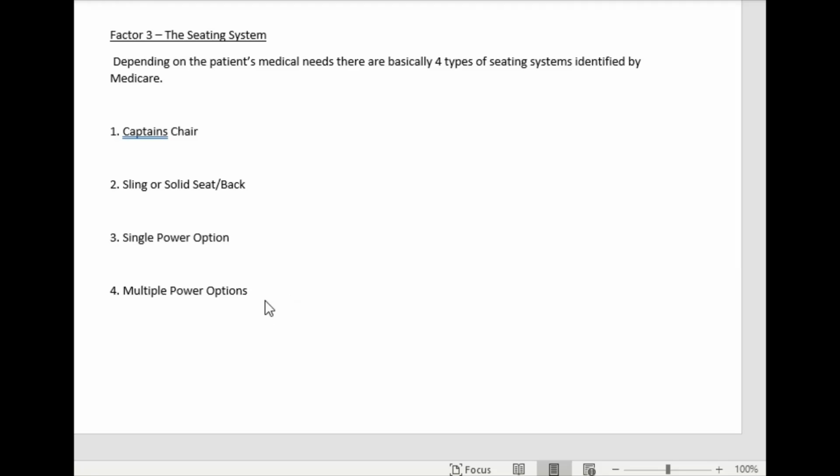Then multiple power options. Option number 4 here is where you have a combination of tilt and recline on the same seat. So even though tilt is one feature and recline is another feature, you can have both features on the same chair. Good to note, in regards to weight shifting, a reason why you would recommend a tilt or a recline seating system.